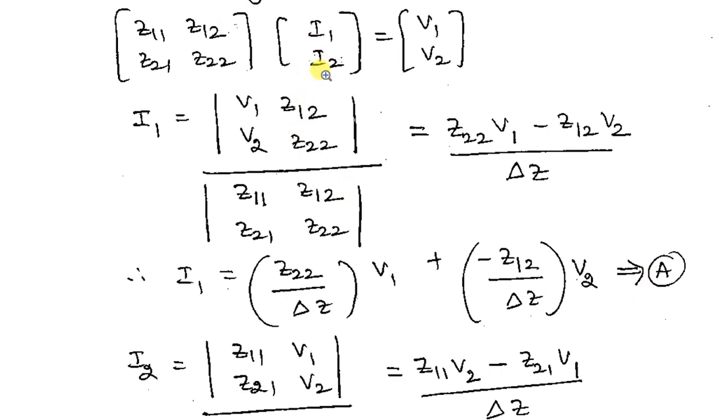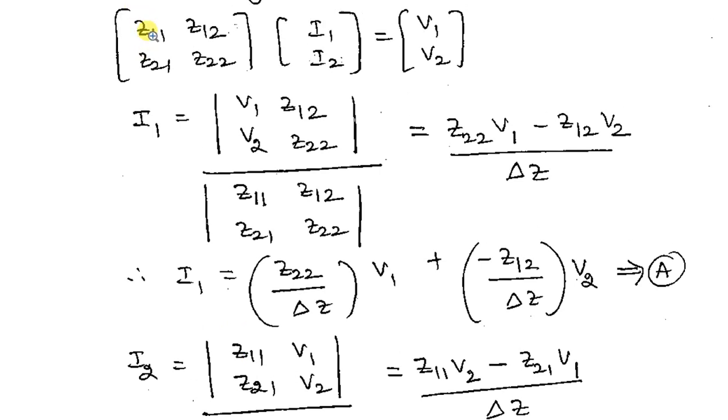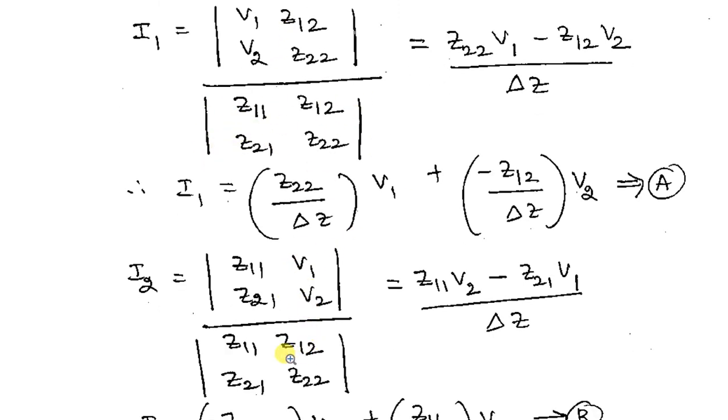Similarly, to find the value of I2, you have to replace the second column by the right side values. So in the original Z matrix, Z11 and Z21 you retain as they are, and the second column, Z12 and Z22, is replaced by the right side values V1 and V2, divided by the original Z matrix.